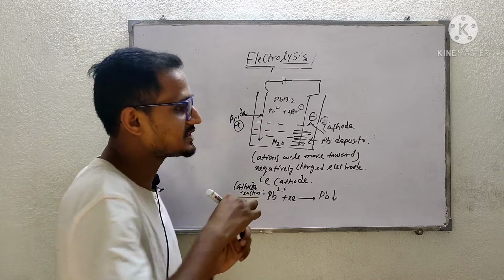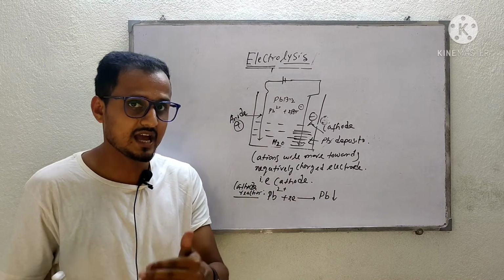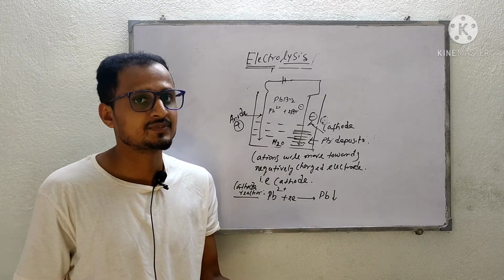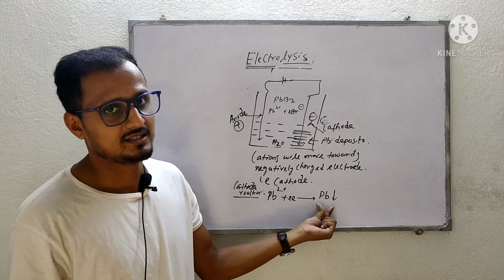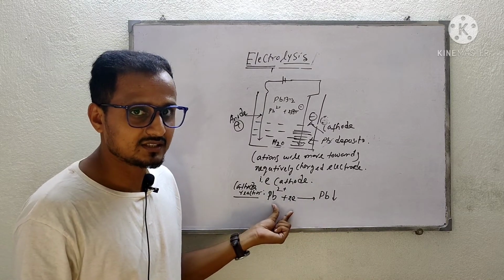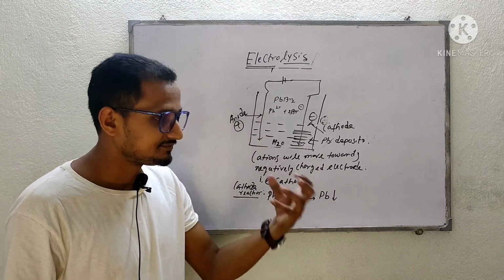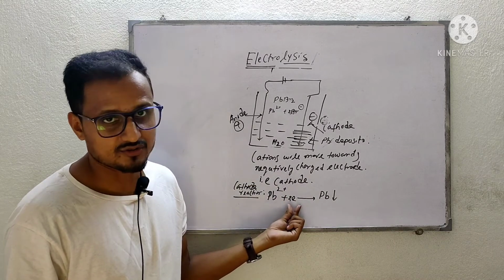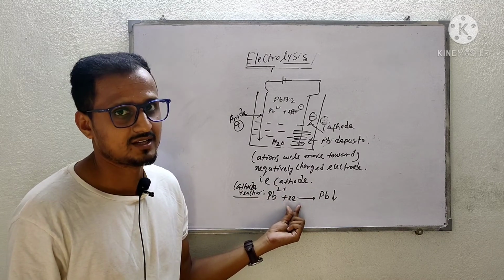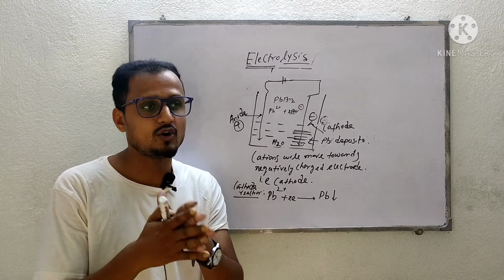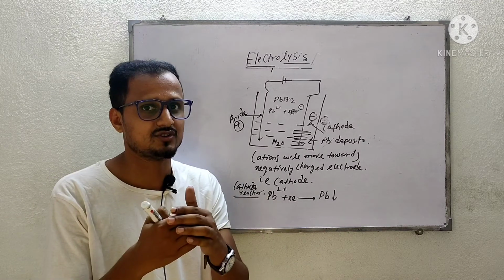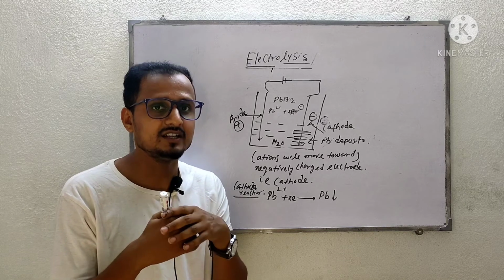So by the electrolysis process we are going to get a cathode reaction and an anode reaction also. Now in this process, Pb2+ plus 2 electrons gives Pb. You can see that lead is gaining electrons, that means lead is accepting electrons. Any process in which an element or ion accepts electrons is nothing but reduction.